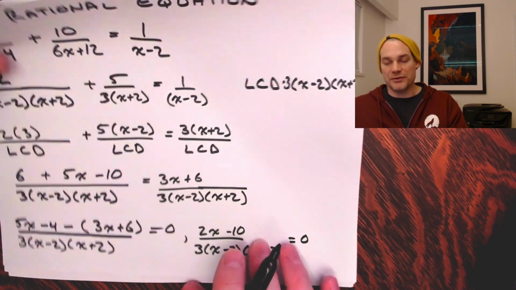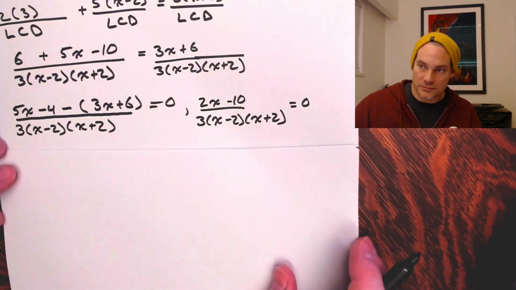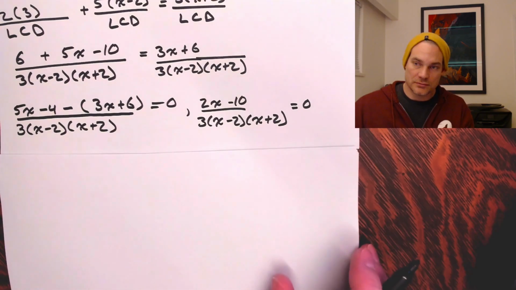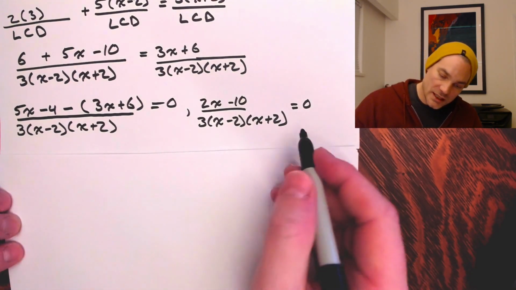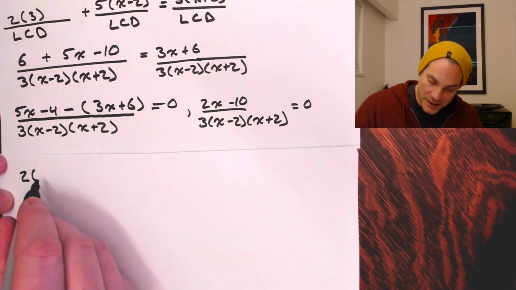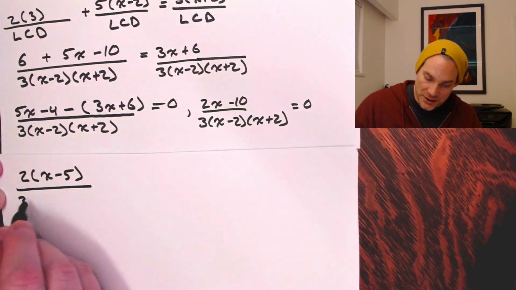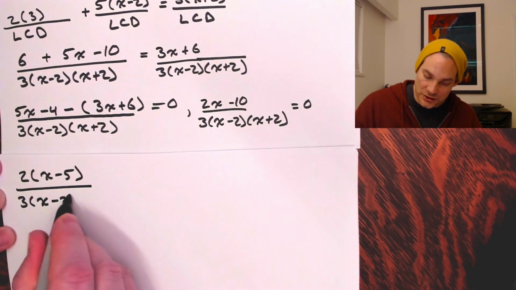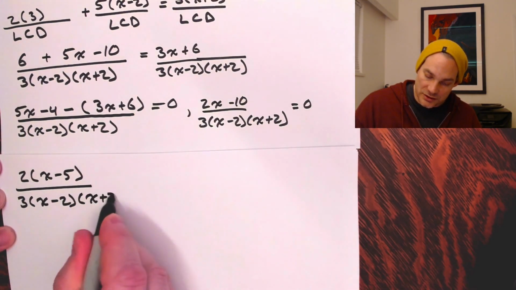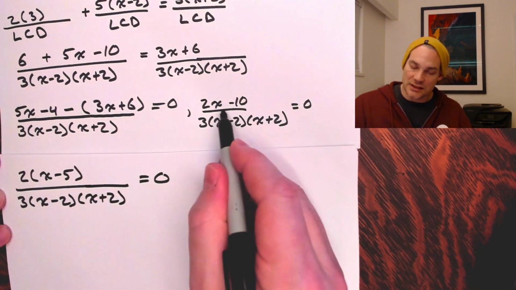So I'm going to now move this up to continue this on. And so what I can do here is factor out the 2. So I have 2(x minus 5) all over 3(x minus 2)(x plus 2), and that equals 0. So I've just taken this and factored it out.